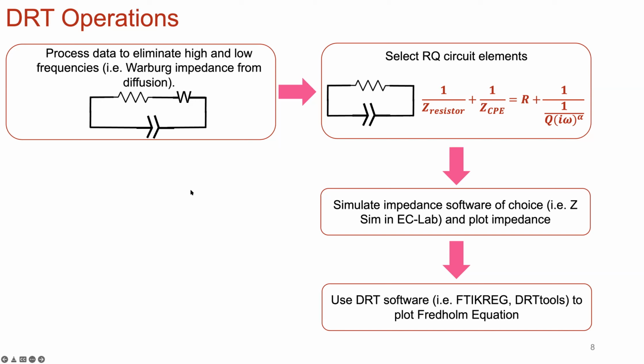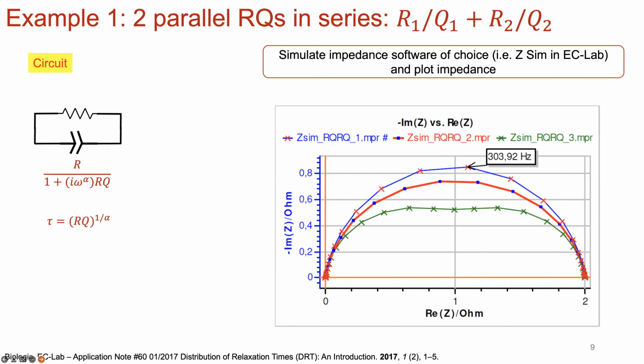In the impedance spectra that you get out, you really have to basically cut off that data and take it out altogether, and that's part of the assumption that it isn't a contributor. Then you can simulate that impedance and input that data into software like MATLAB, where DRT tools are readily available that will analyze the data and spit out this G of tau.